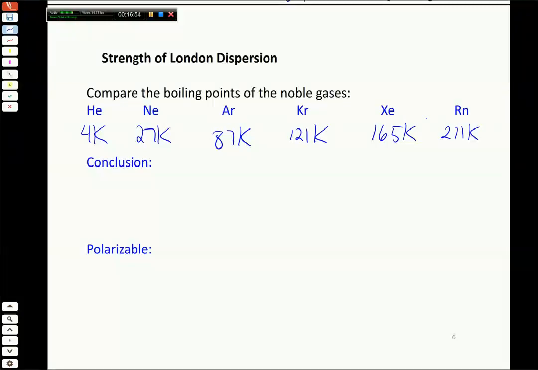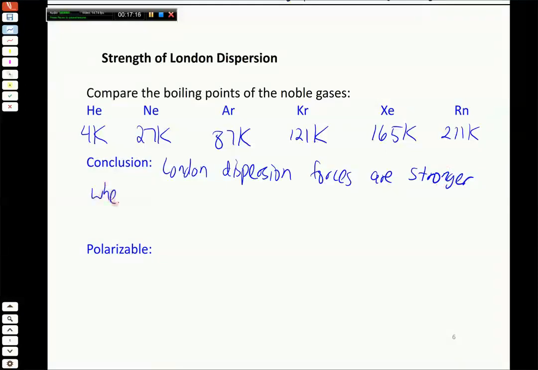And so what we can conclude from this, knowing that higher boiling points imply stronger intermolecular forces, is that London dispersion forces are stronger when you have more electrons present, when you have heavier atoms involved. So London dispersion forces are stronger when there are more electrons, or alternatively, you can think about it as when you have heavier atoms or molecules.